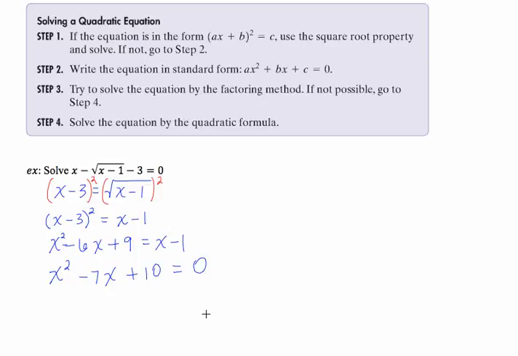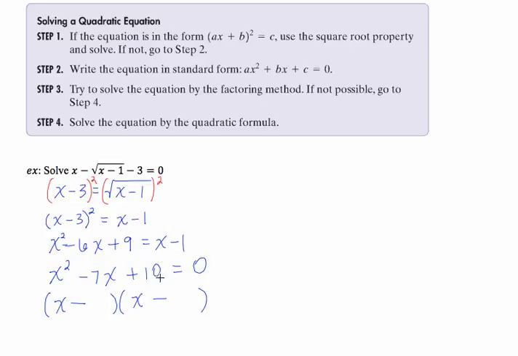And now from here, factoring is usually easiest if it factors. So step 3 says, try to solve the equation by factoring. If not possible, then go to step 4 and use the quadratic formula. So let's give it a little try here and see if this maybe does factor. If it does factor, it's going to factor into x and x. The middle terms add to a negative, so these will both have to be negative, but they have to multiply to a positive.